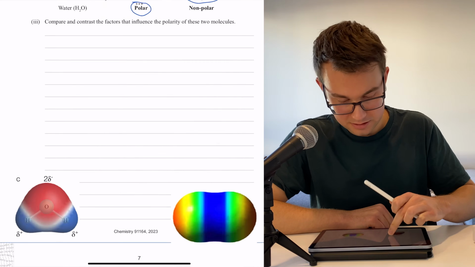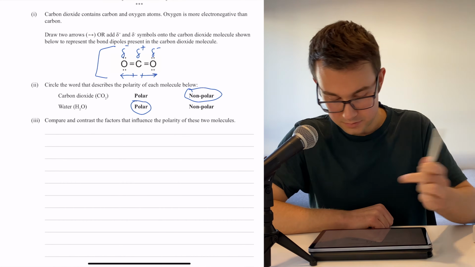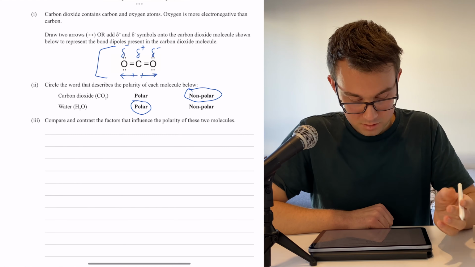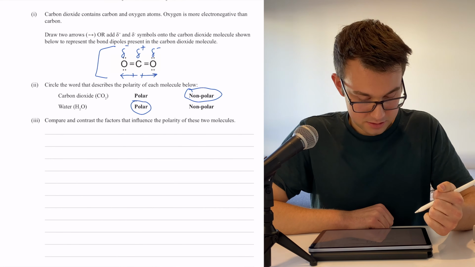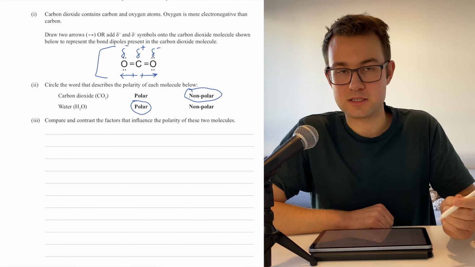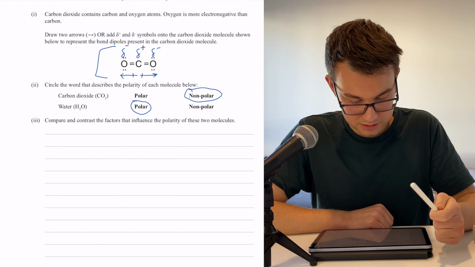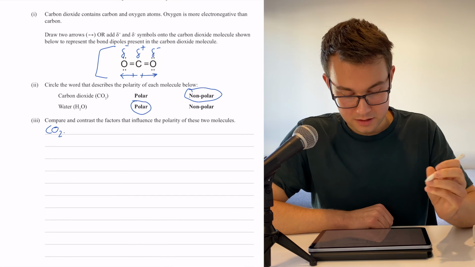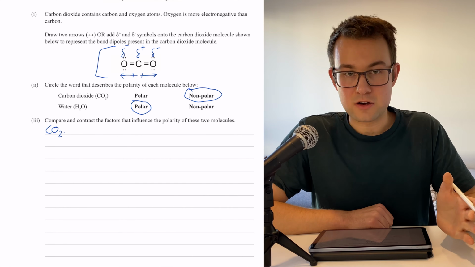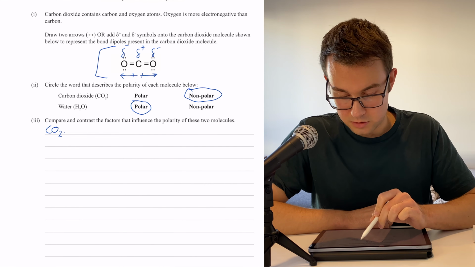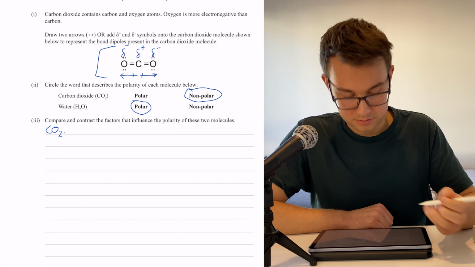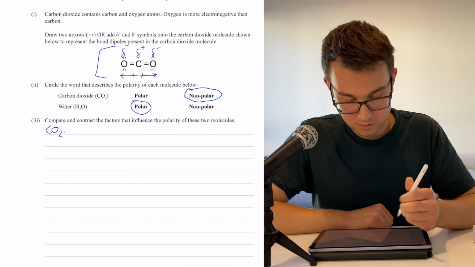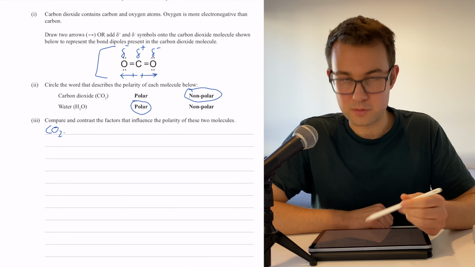Okay, so, compare and contrast. Should we cover one at a time just so it makes sense? Let's do that. So, let's do CO2 first. We know, because they told us earlier, that oxygen is more electronegative than carbon. So let's make sure we write that.